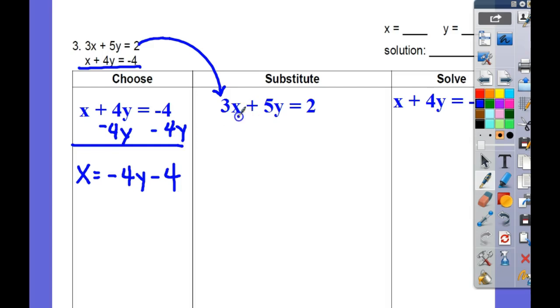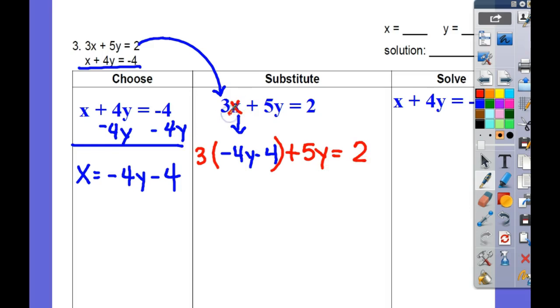So, in place of this x right here, I am going to substitute this expression because it is equal to x. I still have the 3 out in front. I still have the 5y equals 2.